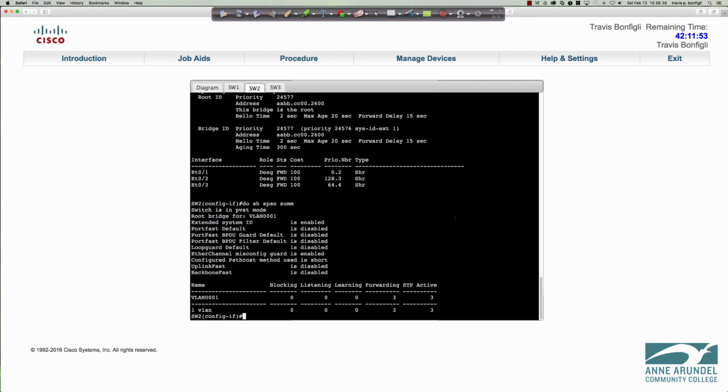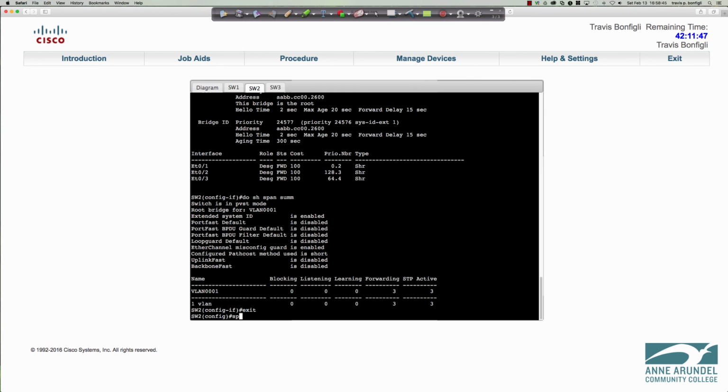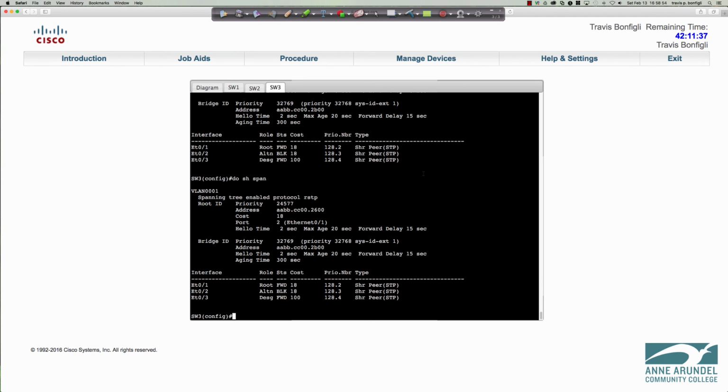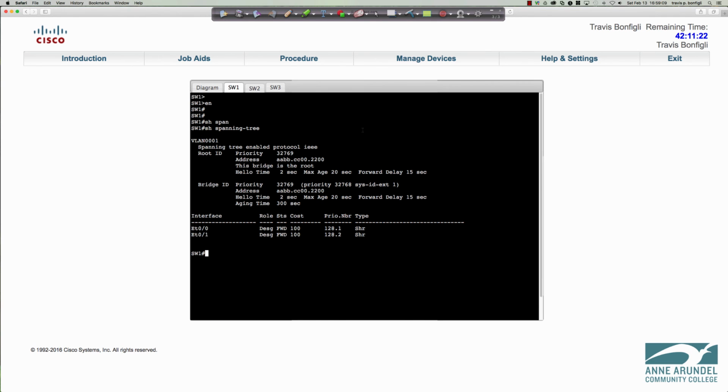Now, are these interoperable? Absolutely, 100% interoperable. But we're going to go ahead and say spanning-tree mode rapid-pvst. Now, we're not debugging here, but if I go back over to switch 3 and I say do show span again, my link or links to that switch no longer show peer STP because switch 2 is now running rapid spanning tree protocol.